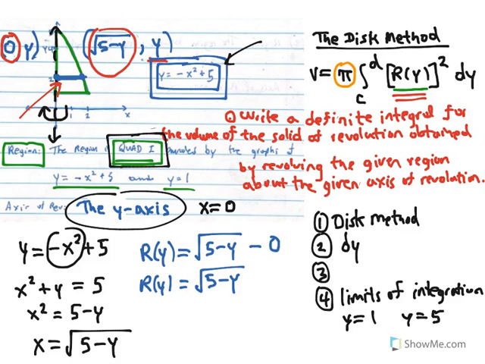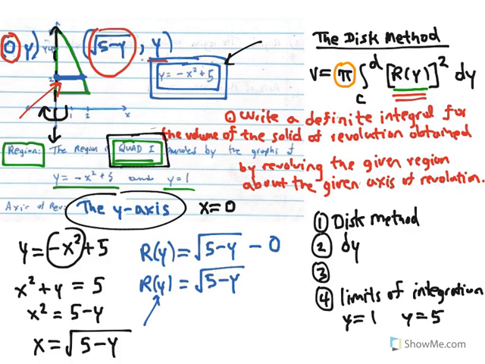So I have a function of y that gives me the radius of a particular disk within my solid of revolution. And it's a function of y because the disk could be anywhere within our solid of revolution. It could be closer to the bottom, in which case the y values will be closer to 1.